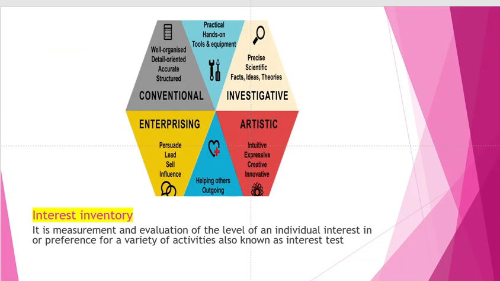In this slide you can see a diagram related to the interest inventory. It is a measurement and evaluation of the level of individual interest or preference for a variety of activities. So you can know the different types of preference or interest of the student, and according to them we can guide the student in what they require for professional vocational guidance.